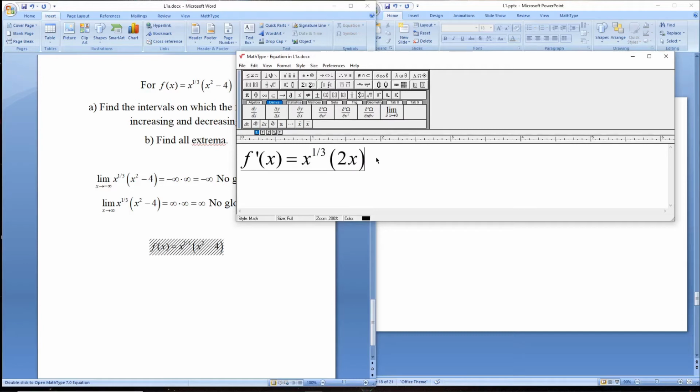Again, if you don't want to do this in your head and want to write it down, that's perfectly fine. So we have f g prime plus f prime g. Now we want the derivative of x to the 1/3: x, and then 1/3 minus 1 will give us a minus 2/3, and then this will be times x squared minus 4.